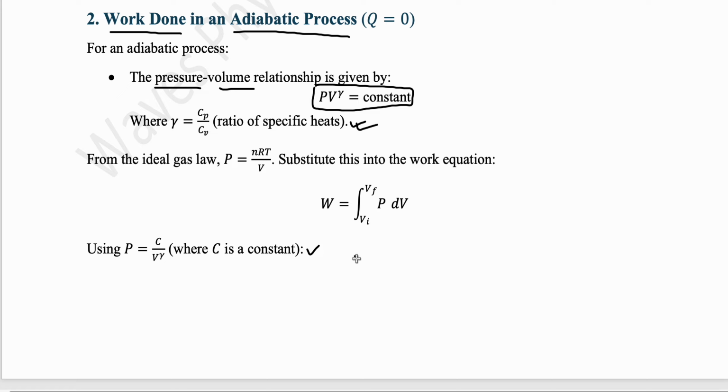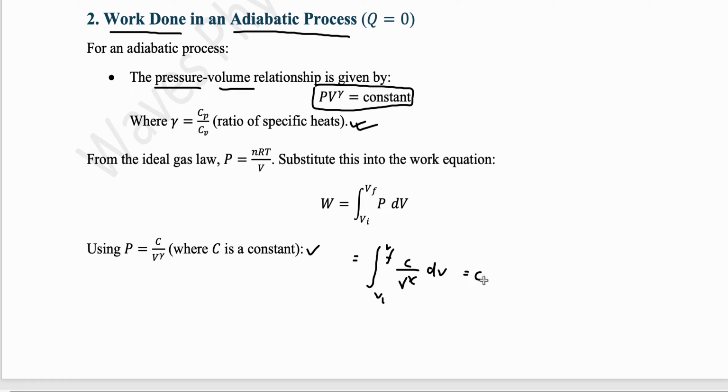So it simply means that we are going to integrate it from Vi to Vf, and then write it down as C divided by V to the power gamma into dV. So we are going to use the same relation. C is constant, we can take it out, dV divided by V to the power gamma.